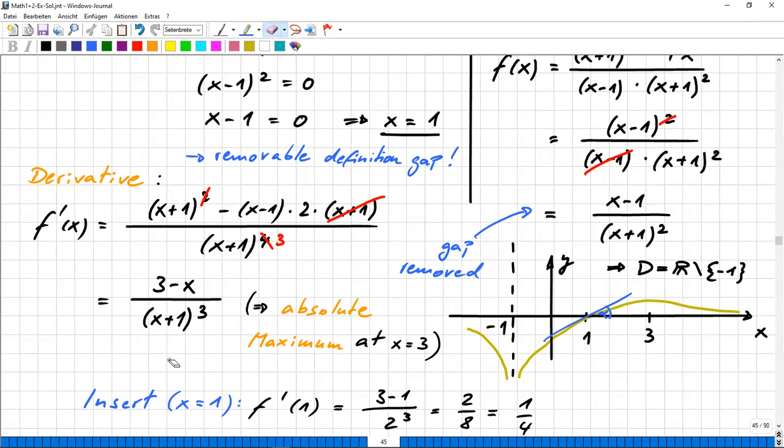And this is nice because it also tells us that there must be a local extremum, sort of a turning point of this function where the first derivative gets 0. Quite obviously, if x equals 3, we have a 0 of the first derivative. And in fact, we have a local and even a global maximum of this function at x equals 3.